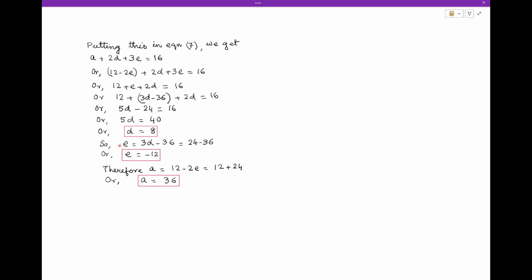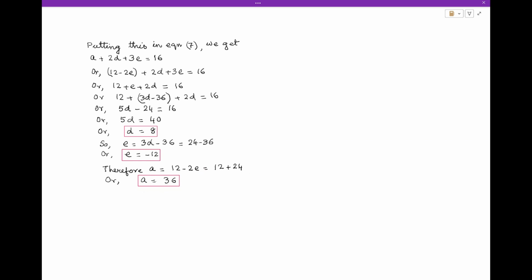Hence, E is equal to 3D minus 36, that is 24 minus 36, and that becomes E is equal to minus 12. So, we get A is equal to 12 minus 2E, that is equal to 12 plus 24, or A is equal to 36.